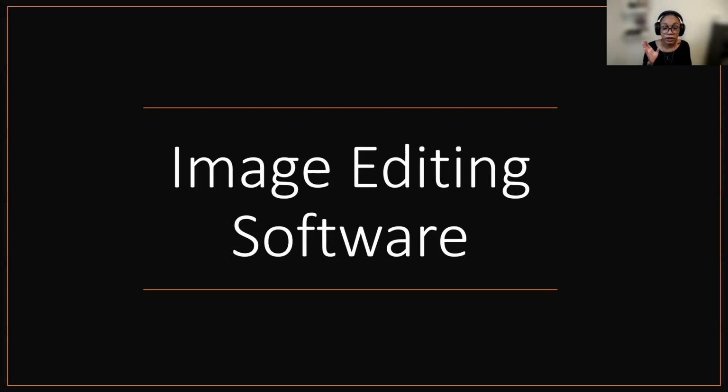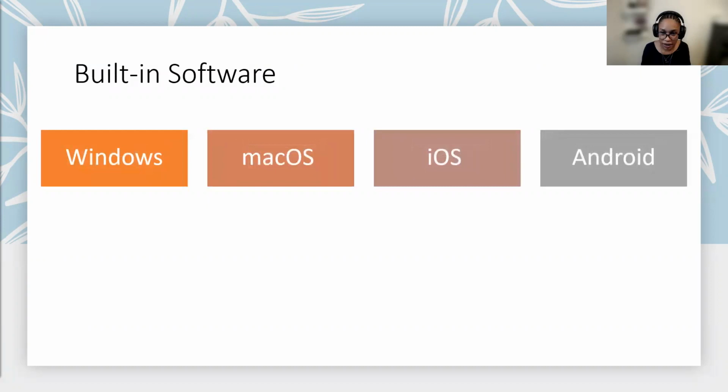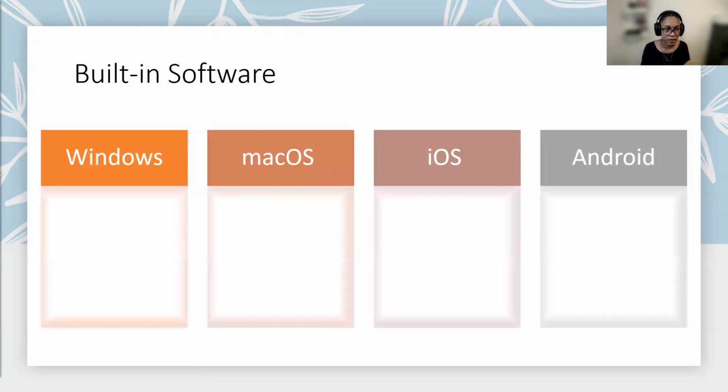This includes not only built-in software that comes on your computer or other device, it also includes third-party software that you can download for your specific purposes. And we'll talk about them. Built-in software options are available across the board for any device you may have.